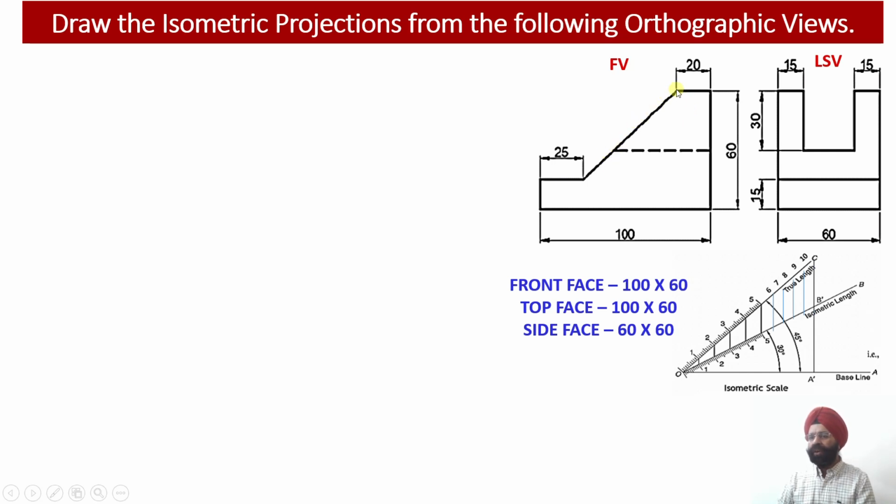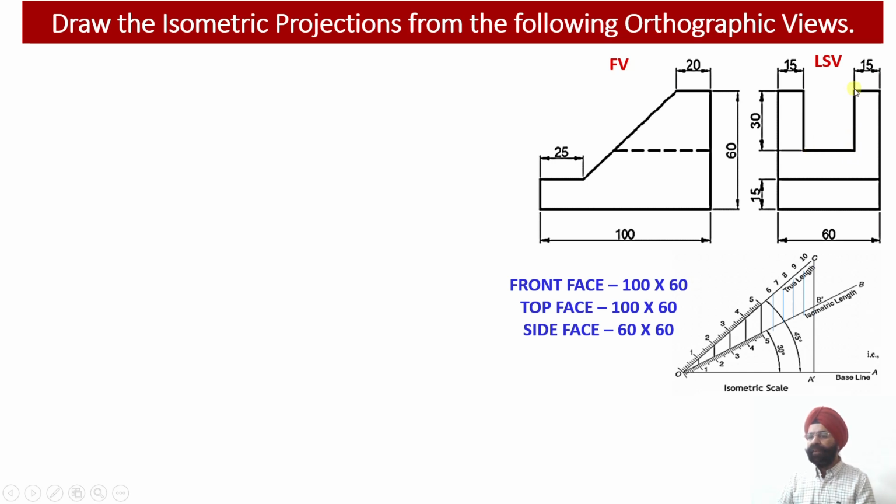So this is our element number 2. That is, there are two webs which are of a slanting nature, but if you look at them through the side view, they may appear to be vertical webs.